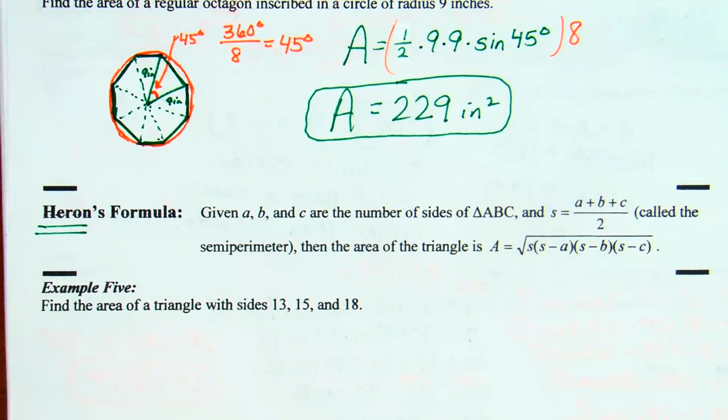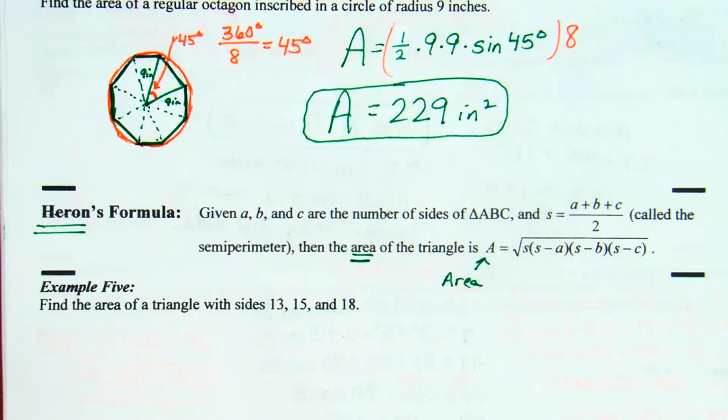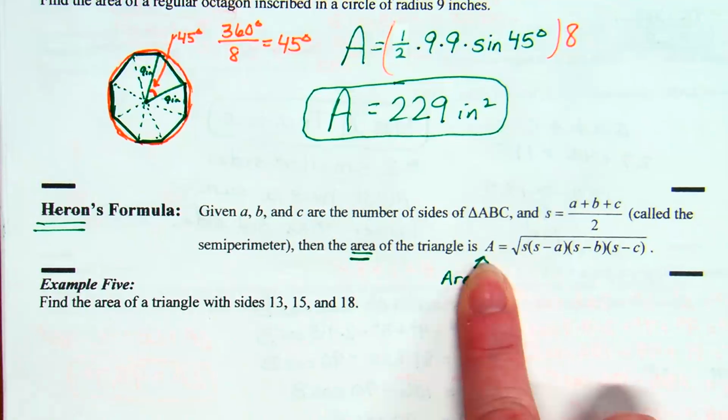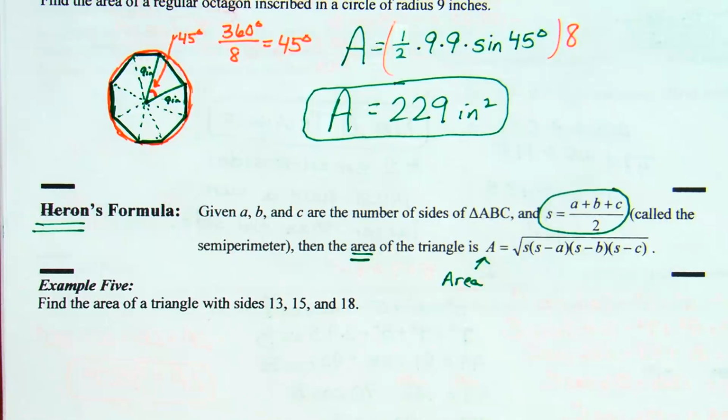When it says big A equals, that A stands for area. Now, you also have to pay attention to here. You have to be able to find something called S, which is the semi-perimeter. It's the distance around the triangle divided by 2. So when it says S in this formula, side A plus side B plus side C, all divided by 2. This is called the semi-perimeter.